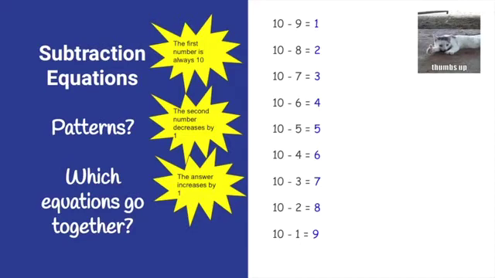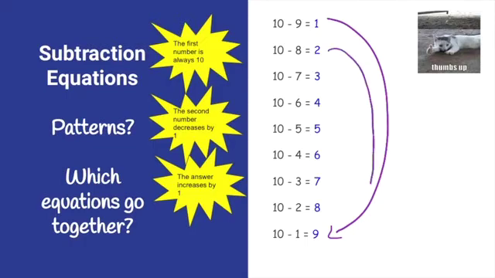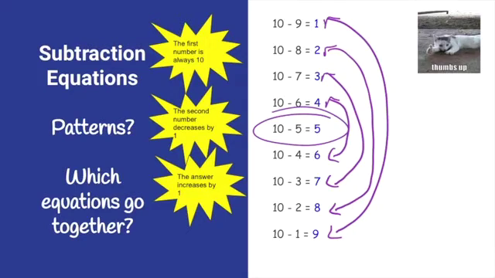Well, just like last time, I know that the first and last equations go together. 10 minus 9 equals 1, and 10 minus 1 equals 9. 10 minus 8 equals 2, and 10 minus 2 equals 8. 10 minus 7 equals 3, and 10 minus 3 equals 7. 10 minus 6 equals 4, and 10 minus 4 equals 6. I bet you guys created that rainbow too. And 10 minus 5 equals 5.